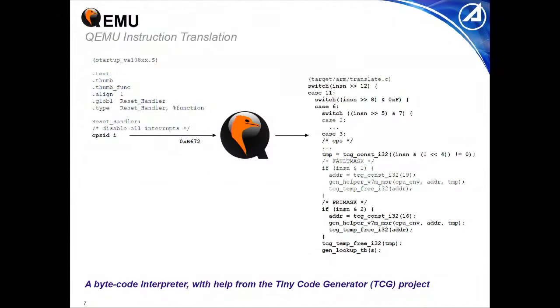I wanted to take the opportunity actually to look at the bytecode interpreter really quickly, just to kind of expose the fact that this isn't really magic. It kind of feels like it when you're running QEMU. On the left here is some Thumb assembly code, ARM assembly code. It's actually taken from the flight software for the payload I'm talking about. This is actually the first non-branching instruction that's executed after reset.